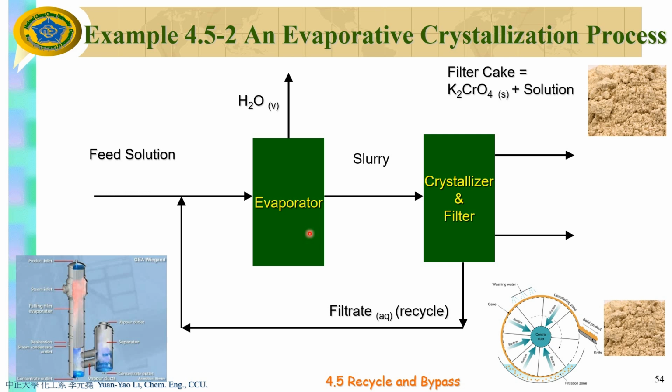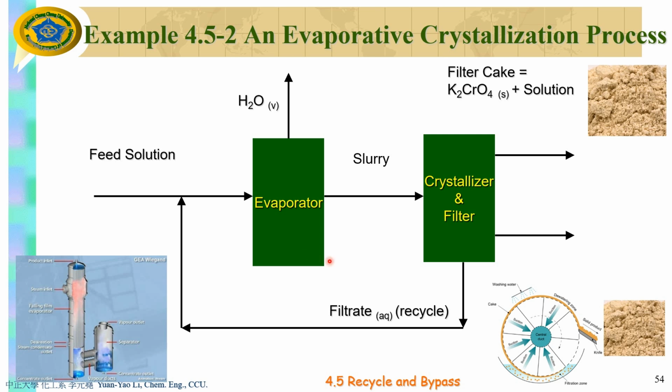4,500 kilograms per hour of the solution, that is 1/3 potassium chromate by mass, is joined by a recycle stream containing 36.4% potassium chromate. Well, this is too long. Okay, let's write down 4,500 kilograms per hour of the solution.